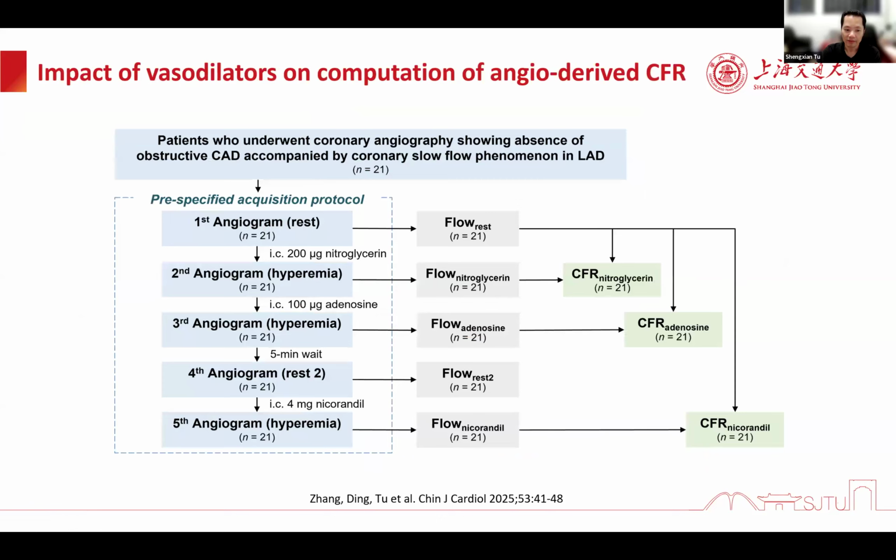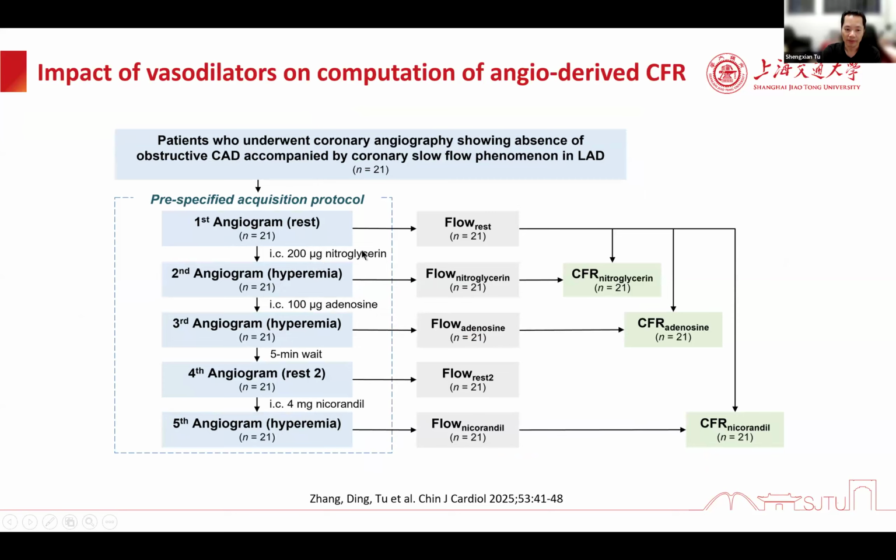We wanted to understand the influence of different vasodilators. As you can see in this study protocol, first we take the resting angiogram, and then we give nitro and take the second angiogram.